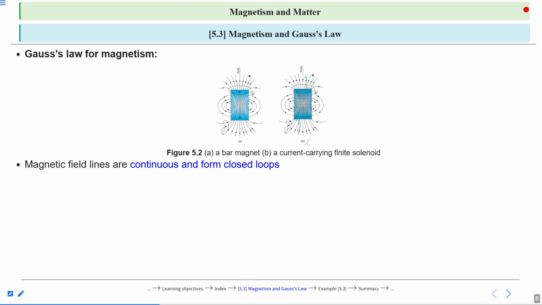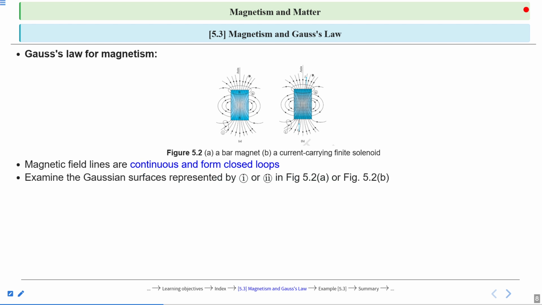They form closed loops. There are no sources and sinks. That means there is no source from which they originate, and no sink at which they end. So magnetic field lines form closed loops and are continuous.